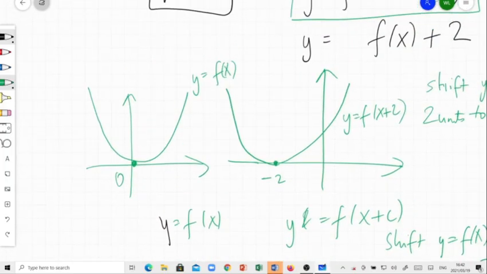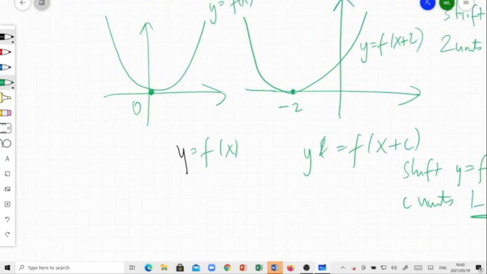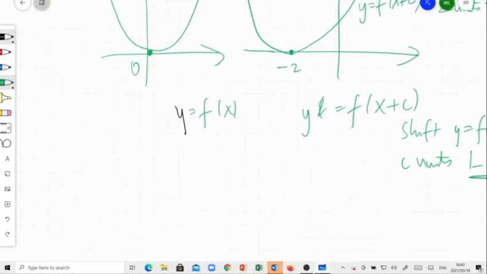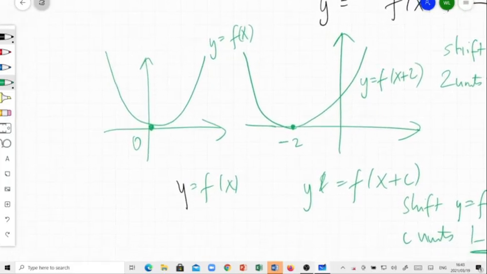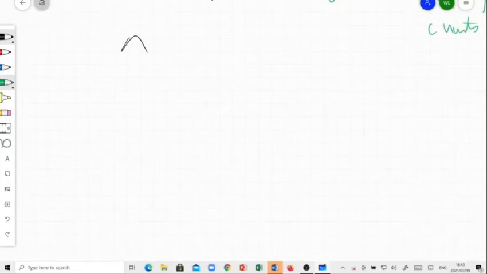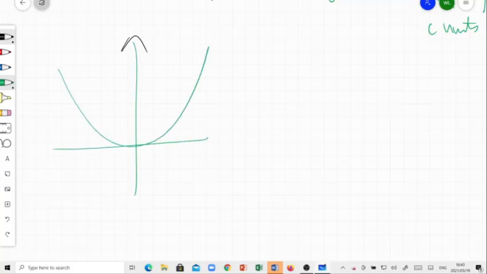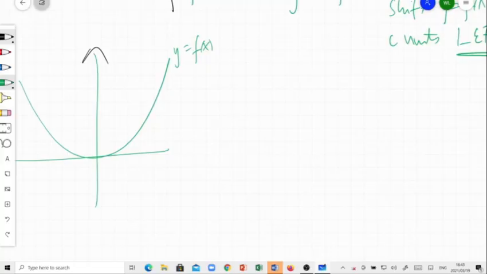Now, what about the other case where we have y equals f of x plus c? If I have y equals f of x plus c, this is nothing but a vertical shift. So remember this is y equals f of x. Now how do I sketch the graph of y equals f of x plus 2?